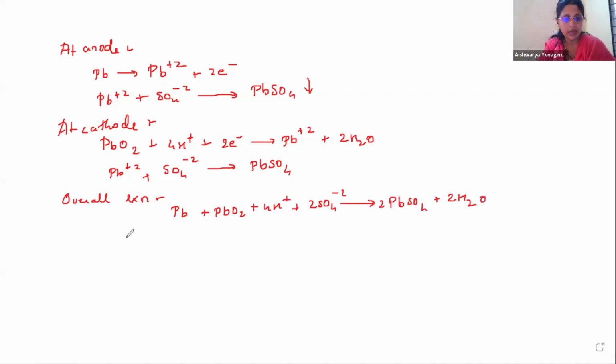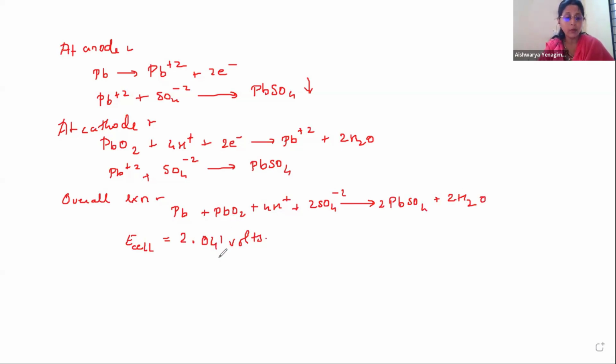And the E cell, the cell potential for the lead storage battery, is 2.041 volts. So it is clear that H2SO4 is used up during the reaction, during the discharge, and produced during the recharging. When recharging happens, it will again get produced.